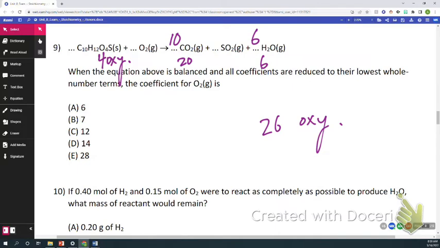I need to make this 22, maybe 11 here, or no? Make it 10 CO2s, 6 H2O.